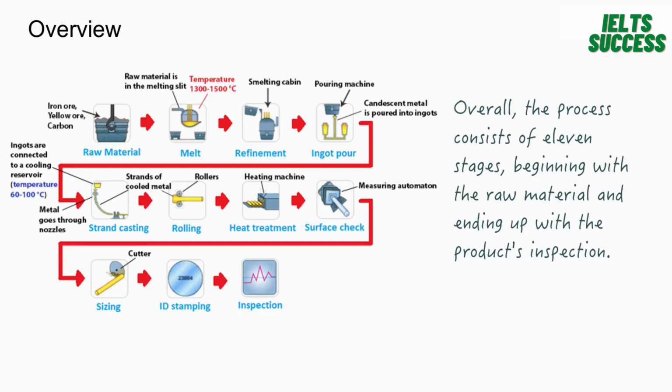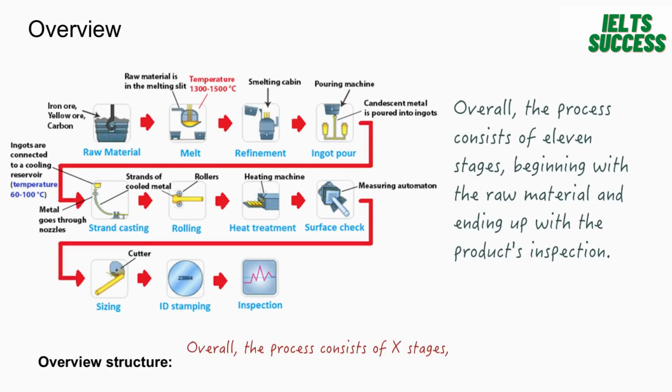Then, I gave the number of stages. I used the phrase, the process consists of 11 stages, to do that. And I also wrote how our process begins and ends. For this, I used the phrases, beginning with and ending up with. So, this is how you should structure your overview.